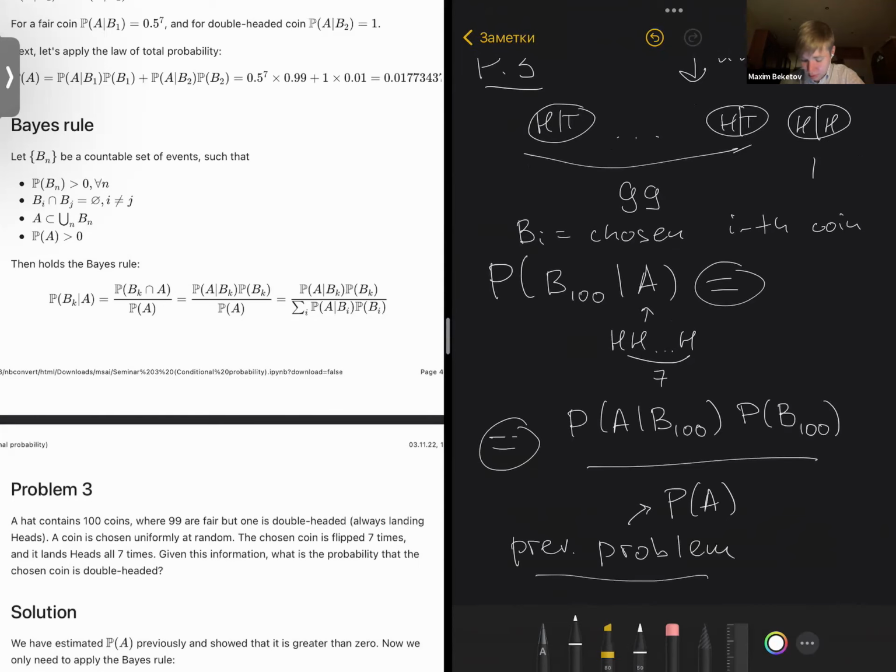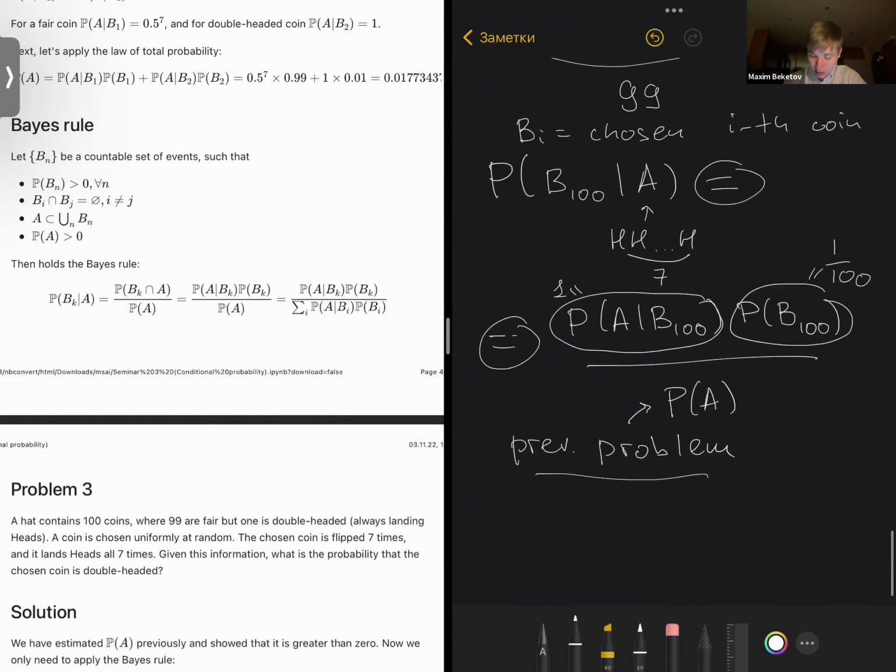The probability of choosing the 100th coin is 1 over 100. And the probability that we see 7 heads, if we've chosen coin number 100, is of course just 1, because it is the fake coin. And so it is 1 over 100 times P of A.